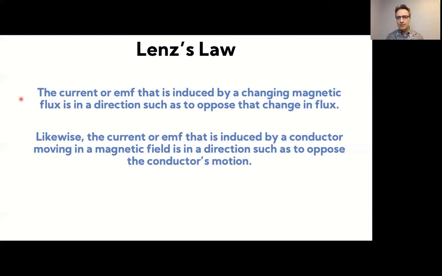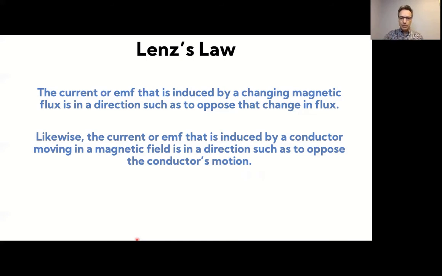It turns out Lenz's law expands to that case as well. It says that the current or EMF that is induced by a conductor moving in a magnetic field is in a direction such as to oppose the conductor's motion. So if you move a conductor in a magnetic field, the current that's induced is trying to stop you from moving it, or making it much harder for you to actually move that conductor. So you really can feel that force.